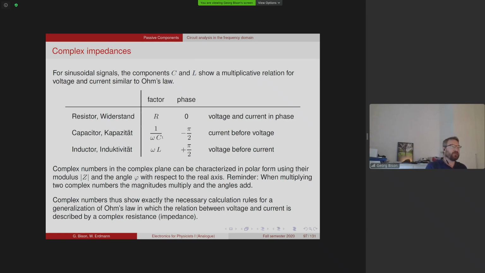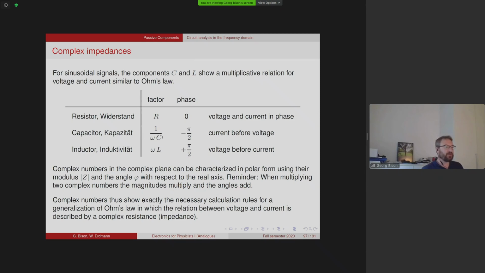Okay, and now we can identify these two things that we have to do. We have to scale with a factor, and we have to apply a phase shift. And both can be done using multiplication with complex numbers. So complex numbers, characterized in their polar form, have a modulus and an angle. And when we multiply with a complex number, we multiply with the magnitude and add the angle.